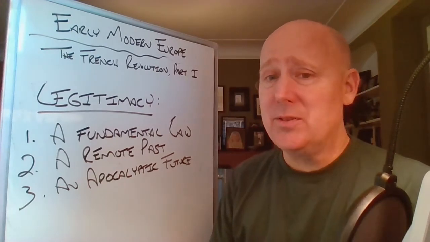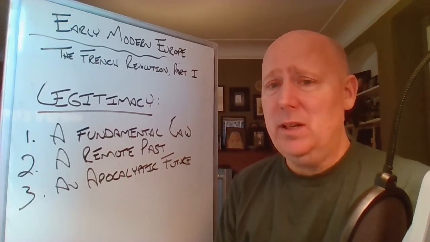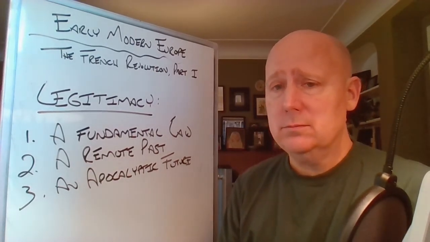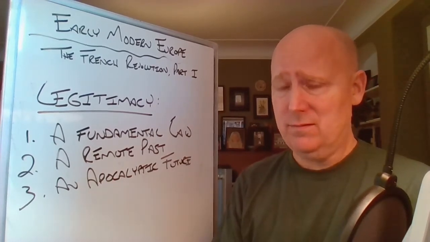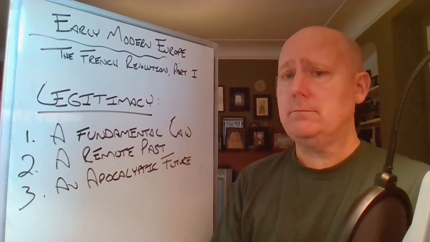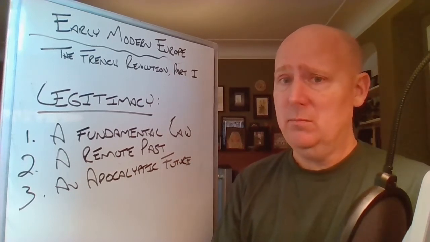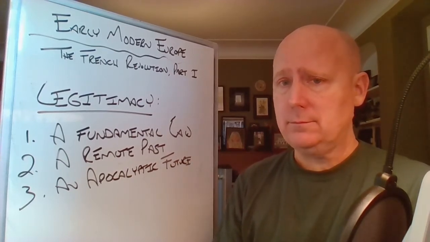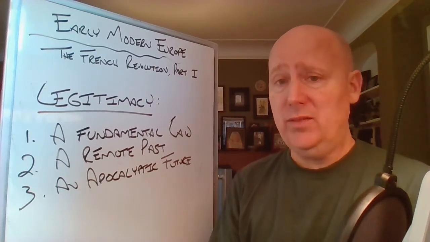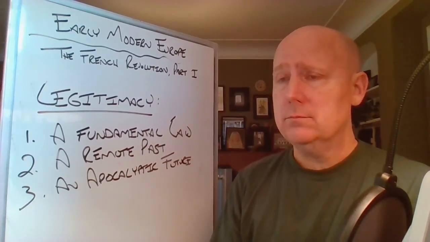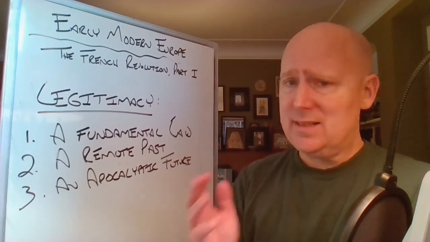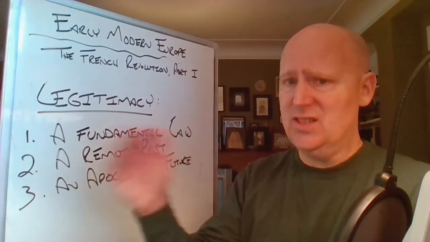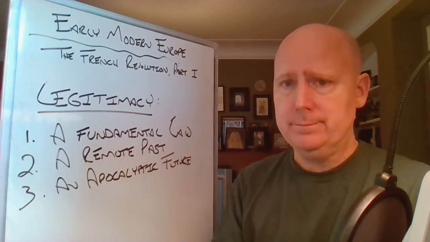An apocalypse, the word simply means to reveal. Like the book of Revelation is called the Apocalypse of John because apocalypse means to reveal. Now, it reveals something cosmic or divine, but make no mistake, it's not synonymous with disaster or cataclysm.